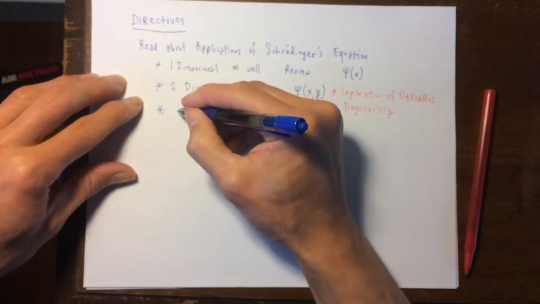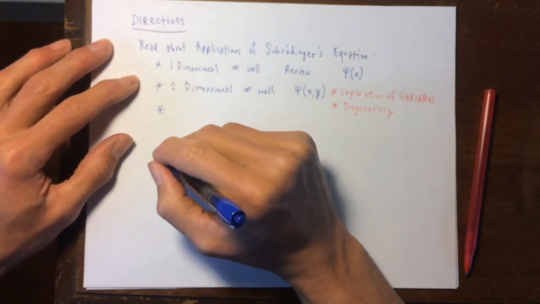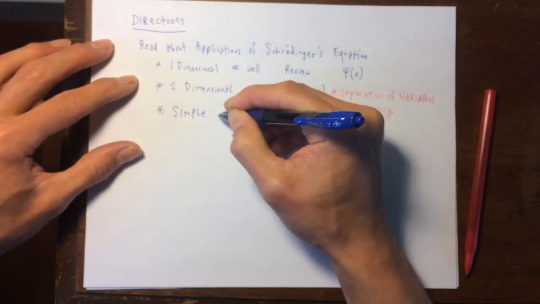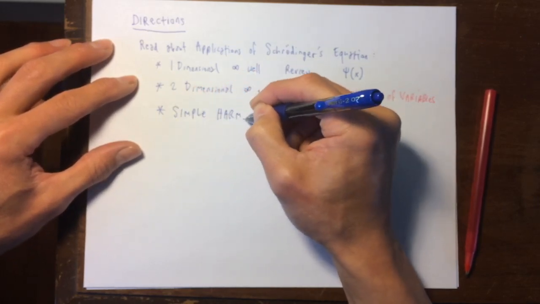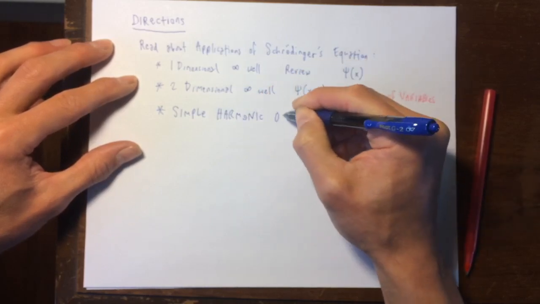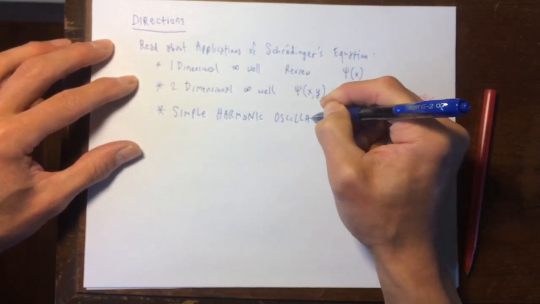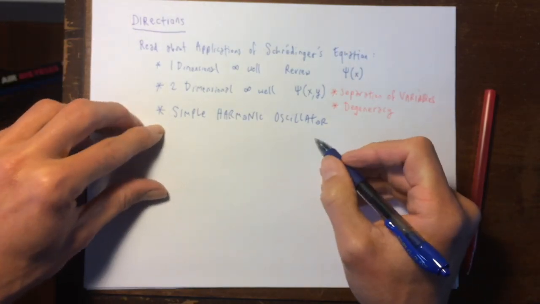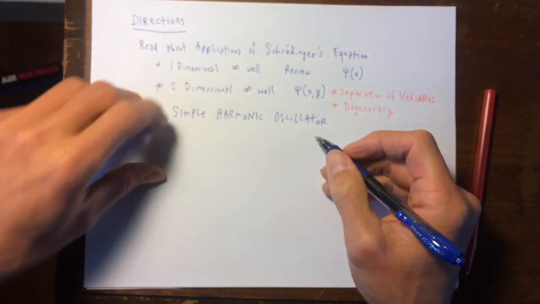Also, go and check out, it's the very same section in your book, the simple harmonic oscillator. Of course this is the quantum version because you're going to use Schrodinger's equation.